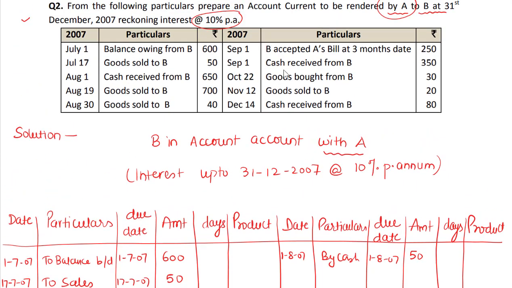Next is 1st September. B accepted a bill at 3 months date. So it's a bills receivable.